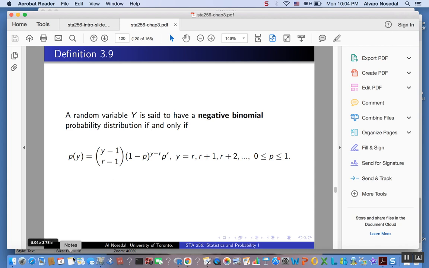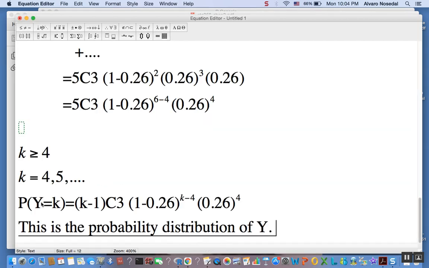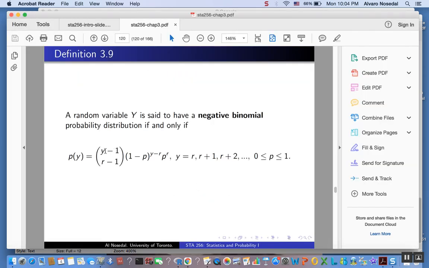So note that if we go back to what we had here, in our case r, the number of successes that we wanted to observe, was 4. So we have y minus 1 choose r minus 1. So that's why we had y minus 1 choose 3, because r was 4 for our example.